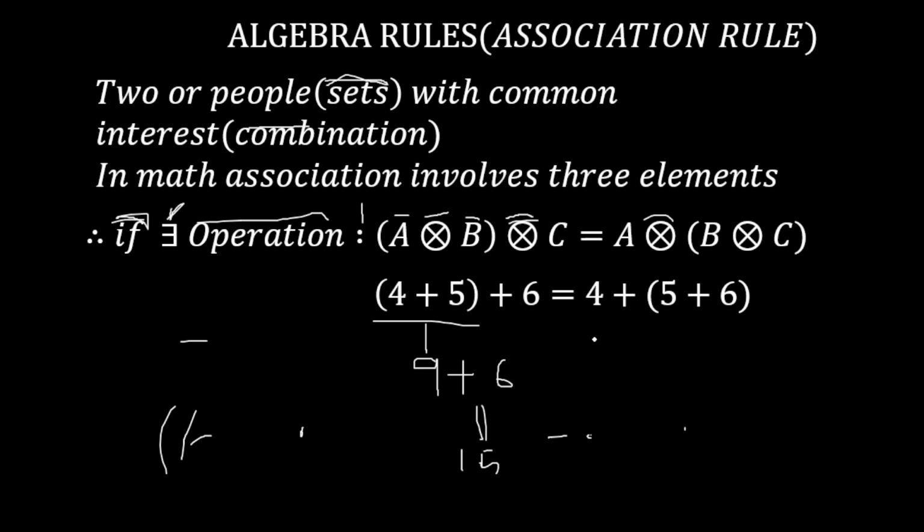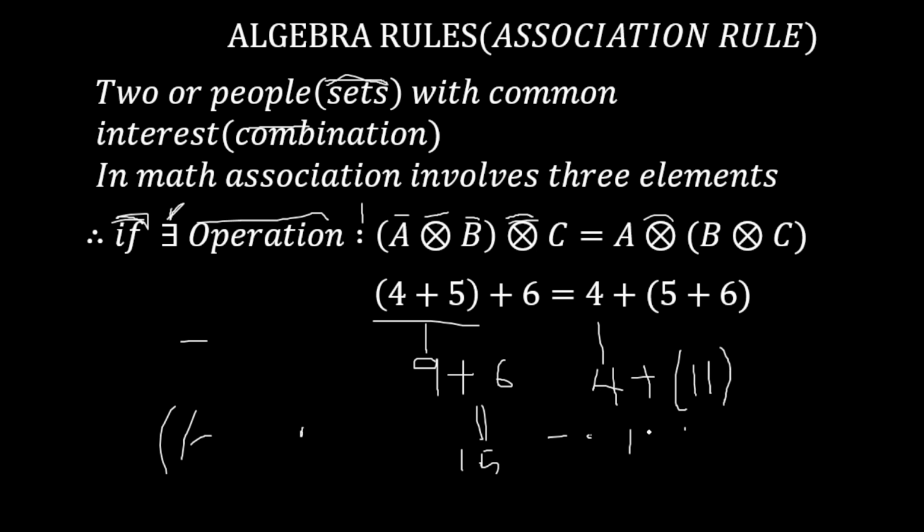Let us now see. Maybe or not, this one as well will give the same result. So we are having 4. If it combines with result of what? 5 plus 6. This is 11. So 4 plus 11, what is the answer?